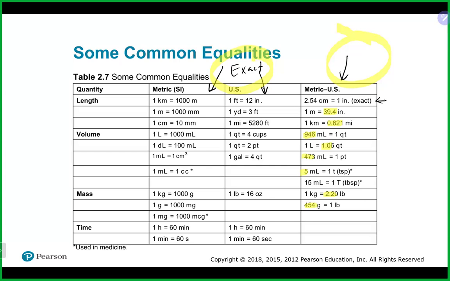The real number is 453.6 grams equals 1 pound. If you use technically 453.6, that is an exact conversion. But most books nowadays will use the 454, which is not really exact. So it falls back into you should look at it. But that 1 inch to 2.54 centimeters is the only one that you have to worry about in terms of it being exact.